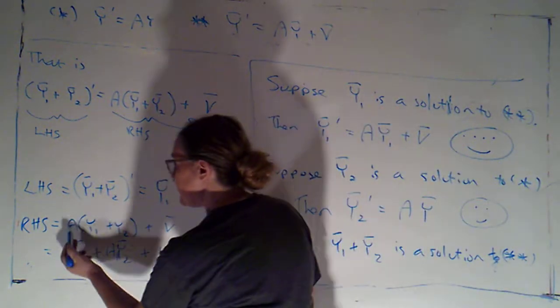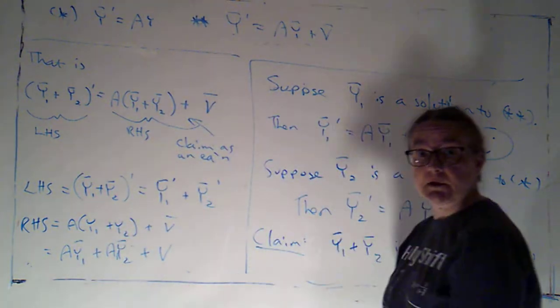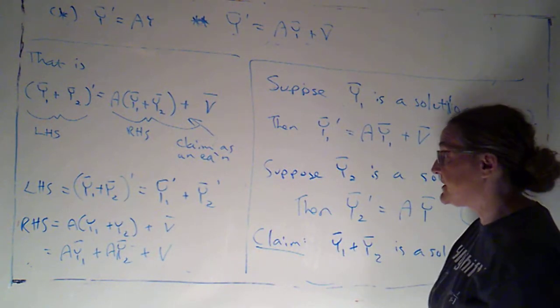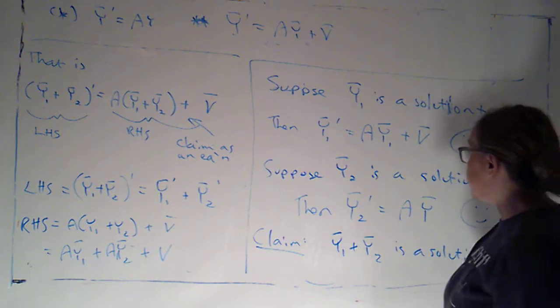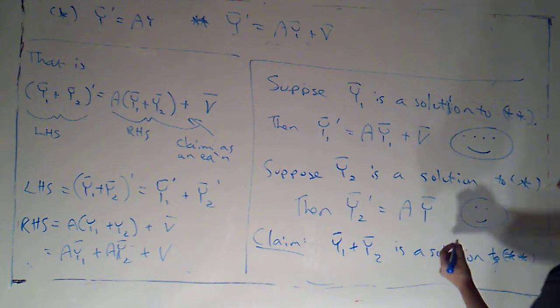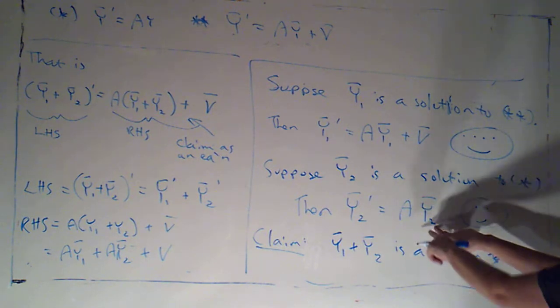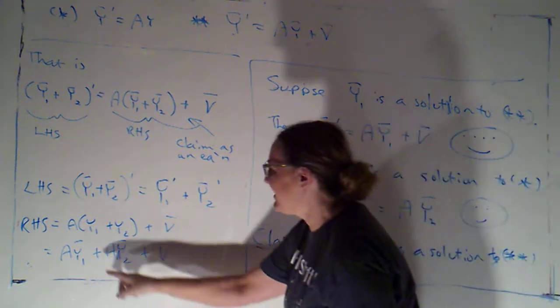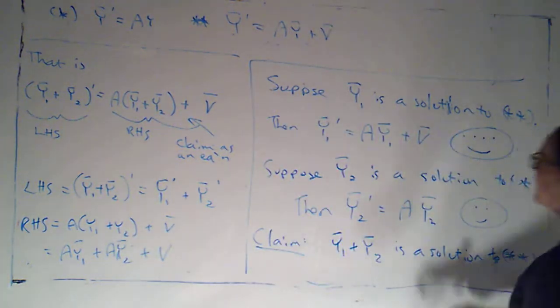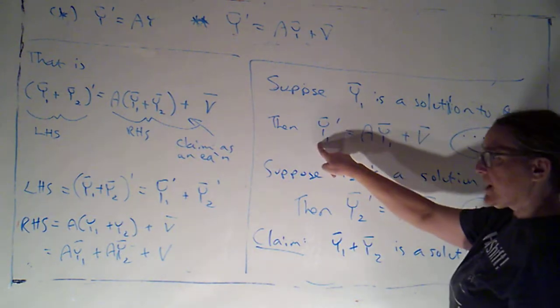So that's just using the fact that matrices distribute over vectors. Matrix multiplication distributes over vector sums. Okay. Excellent. But now I can say, hey, a times y2 is the same thing as y2 prime, and a times y1 plus v is the same as y1 prime.